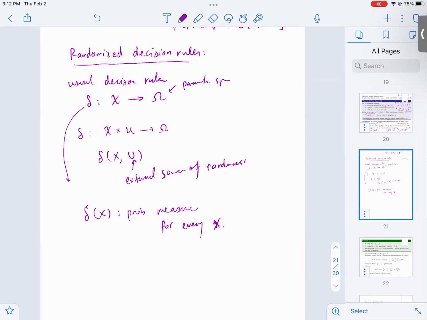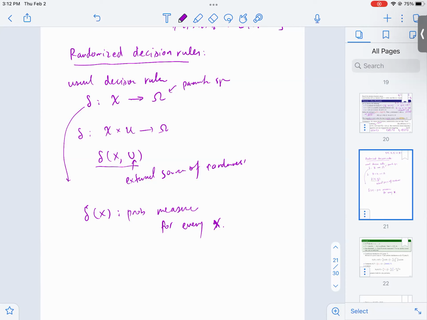Okay, so it gives you a random choice. If you take the expectation, for example, it would be a deterministic rule. I would say this is an easier way of viewing it.